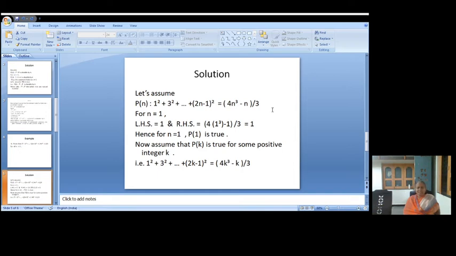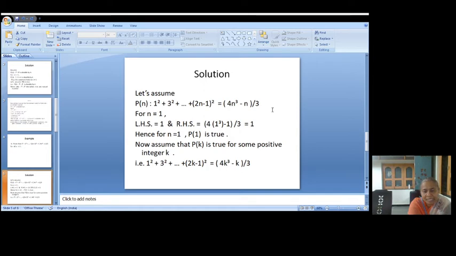Now once again we take the concept. Again we see that example. Now here we assume p of n. We have to prove that 1 square plus 3 square up to 2n minus 1 bracket square equal to 4n cube minus n divided by 3. We firstly assume the statement as p of n, that is our consideration.